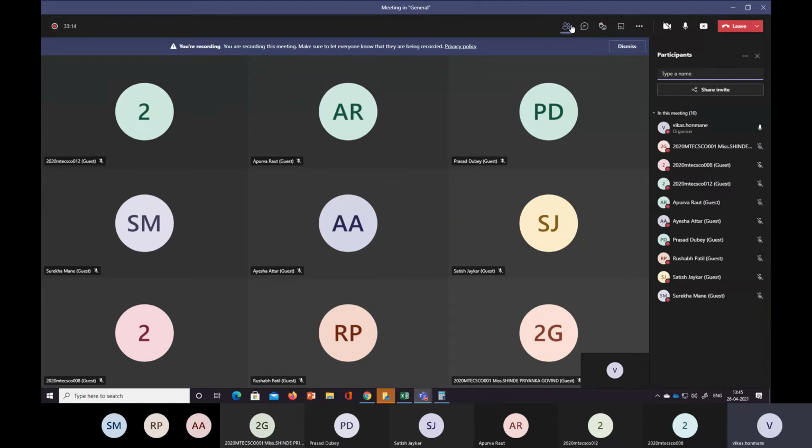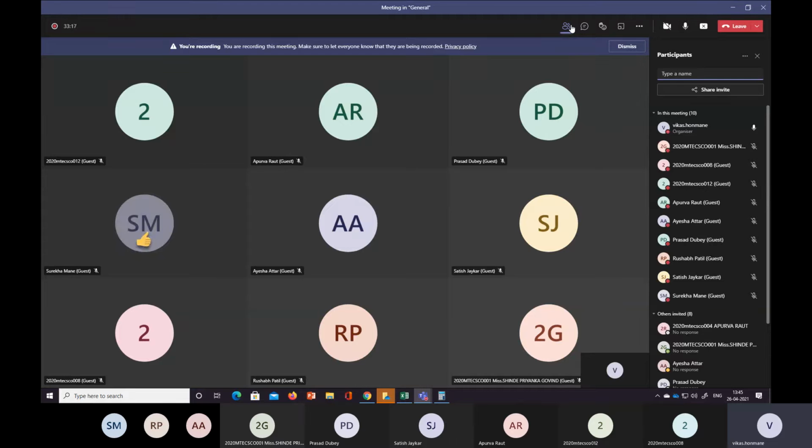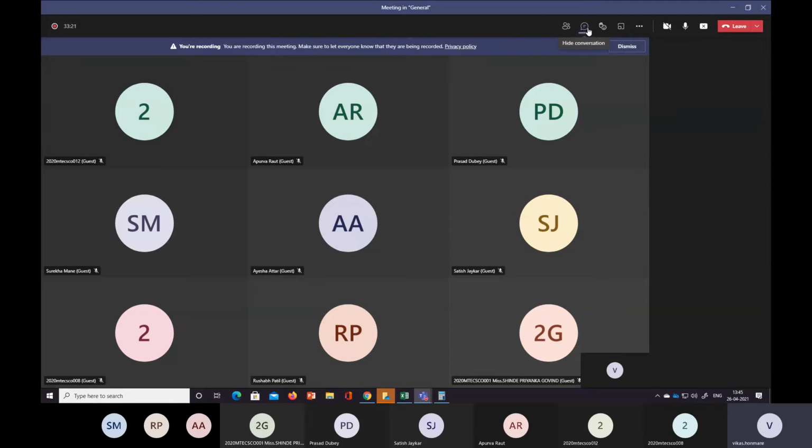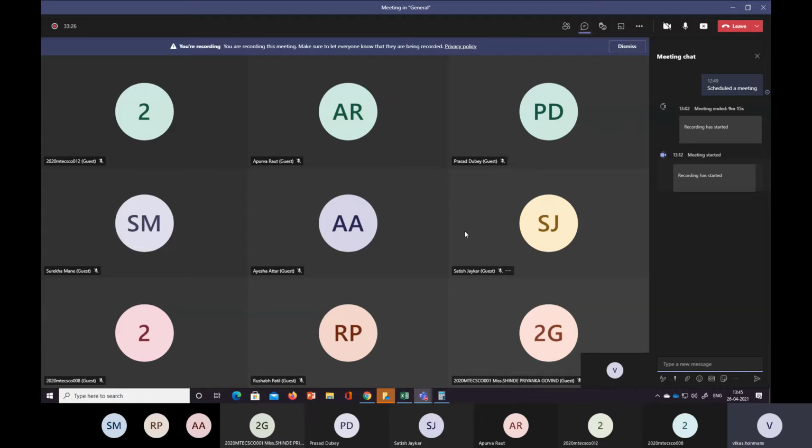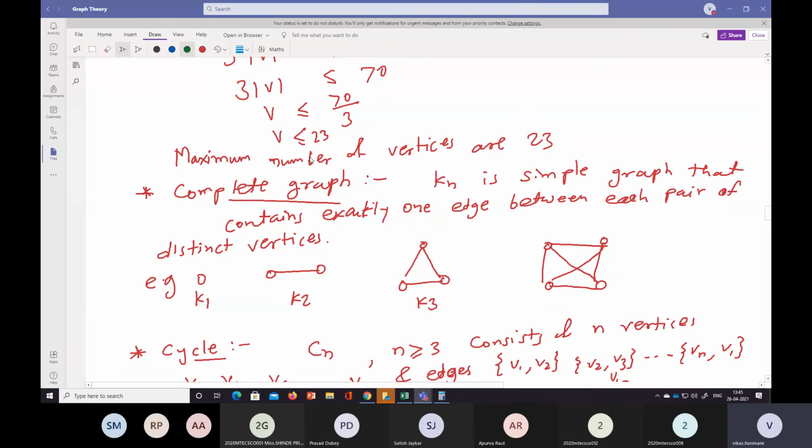Yes. Okay. Let's move to the next point, which is complete graph.